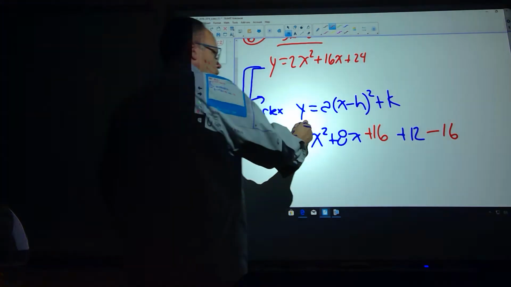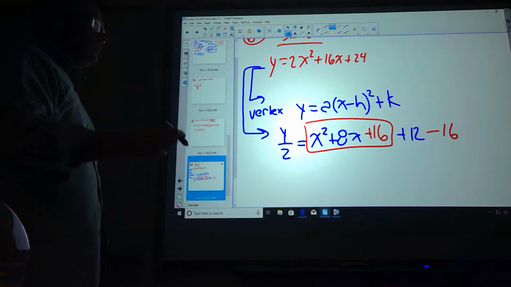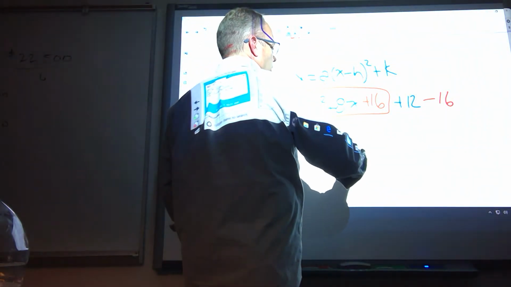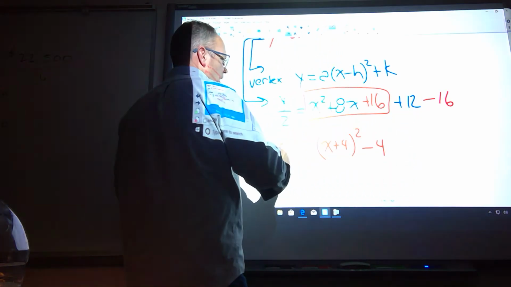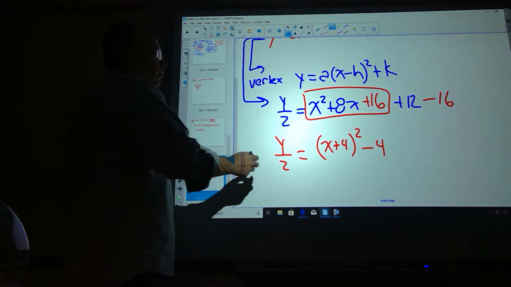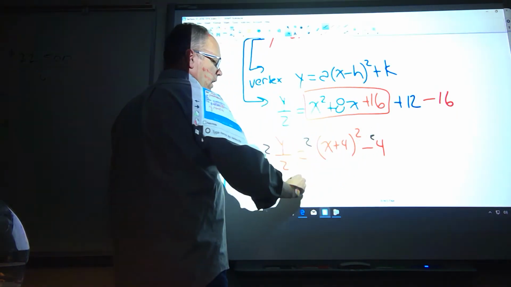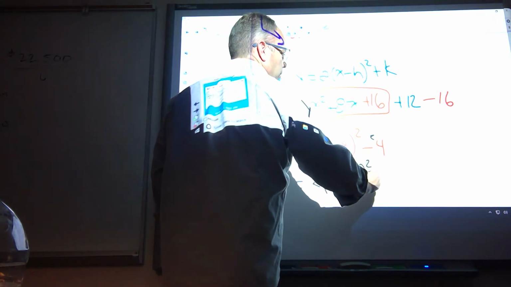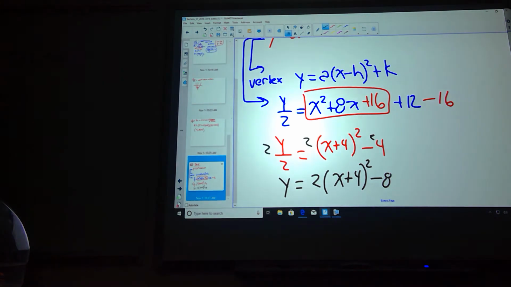So this is a perfect square trinomial, which means that's going to become x plus 4 quantity squared minus 4, and I still have y over 2 equals that. Agree? Now, of my 3 terms, I'm going to multiply this by 2, this by 2, and this by 2. So I'm going to get y equals 2 parentheses x plus 4 squared minus 2 times 4, which is 8. And there's your vertex form.